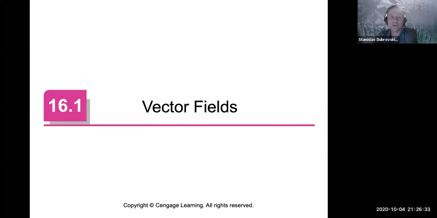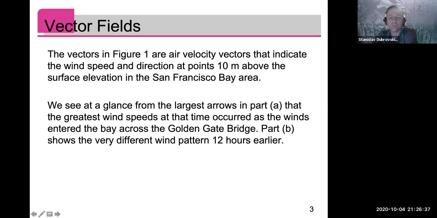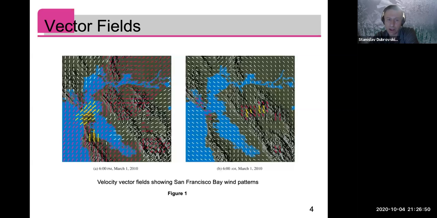So let's look at the situation where we are looking at directions of wind and magnitudes around the Golden Gate Bridge. So we can record at different times of the day. Of course, they will change drastically. So the left one records the one taken at 6 p.m. and another 12 hours earlier at 6 a.m. on the same day.